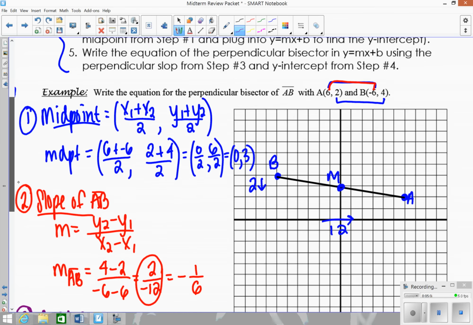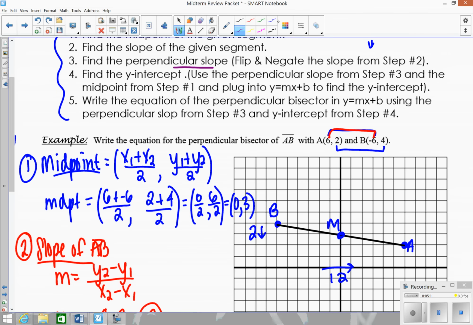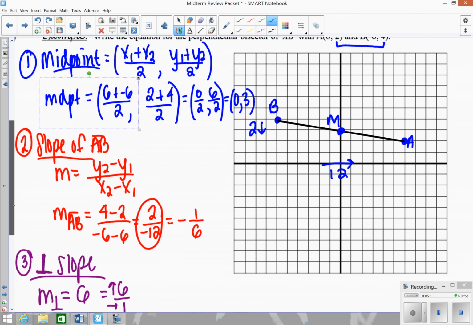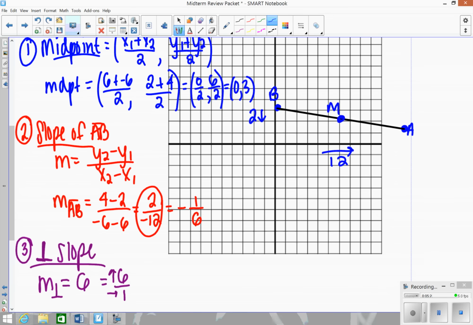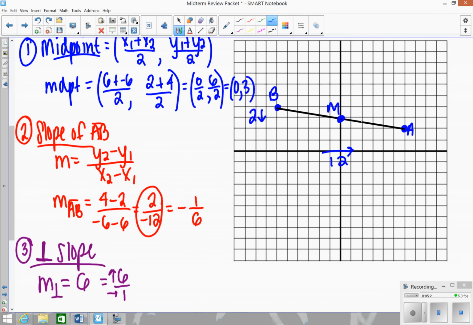So now the next step after that is to find the y-intercept. So for the y-intercept, you want to use the perpendicular slope and the midpoint, because this really becomes one of those problems in the last topic where you need to write an equation that's perpendicular to this given line, and it has to pass through the midpoint.